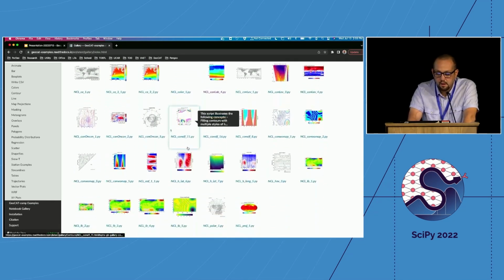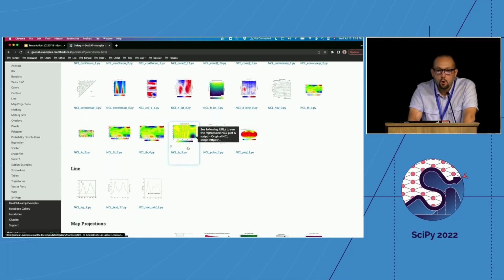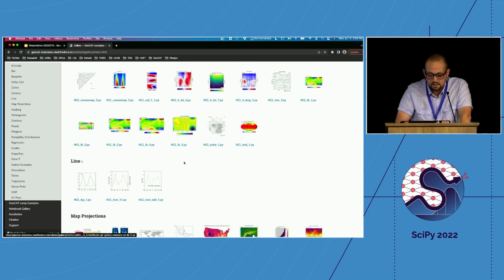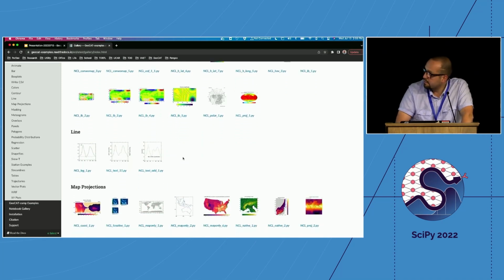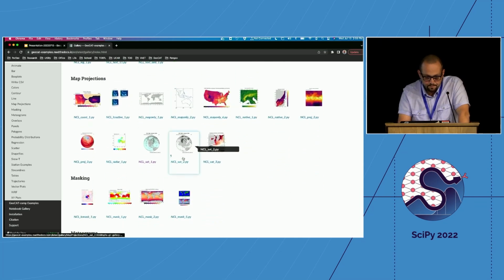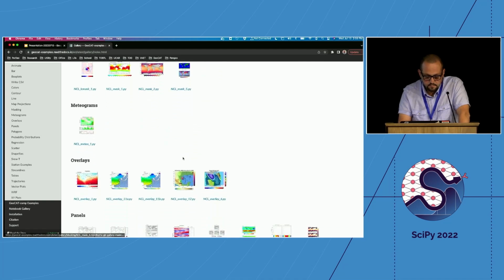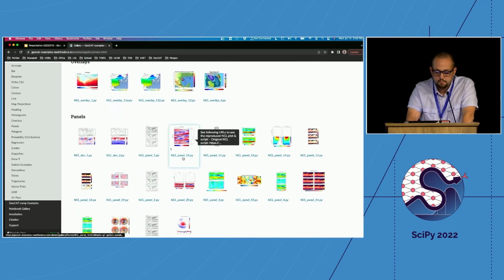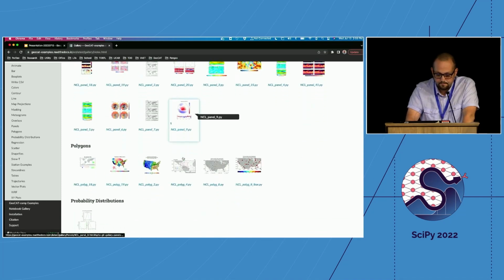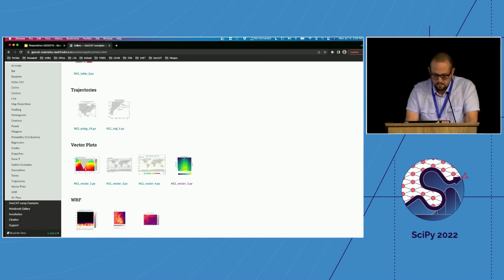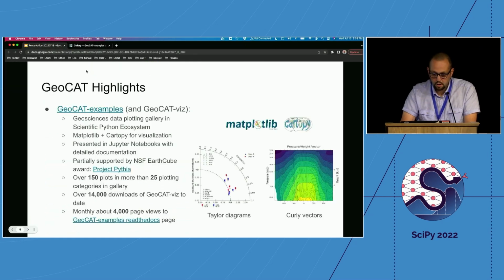Some of them are kind of novel or were not trivially available in the Python visualization ecosystem, which I will show in just a few seconds in my slides. There are well-known plotting categories such as contours and overlays and streamlines. Turning back to the presentation.